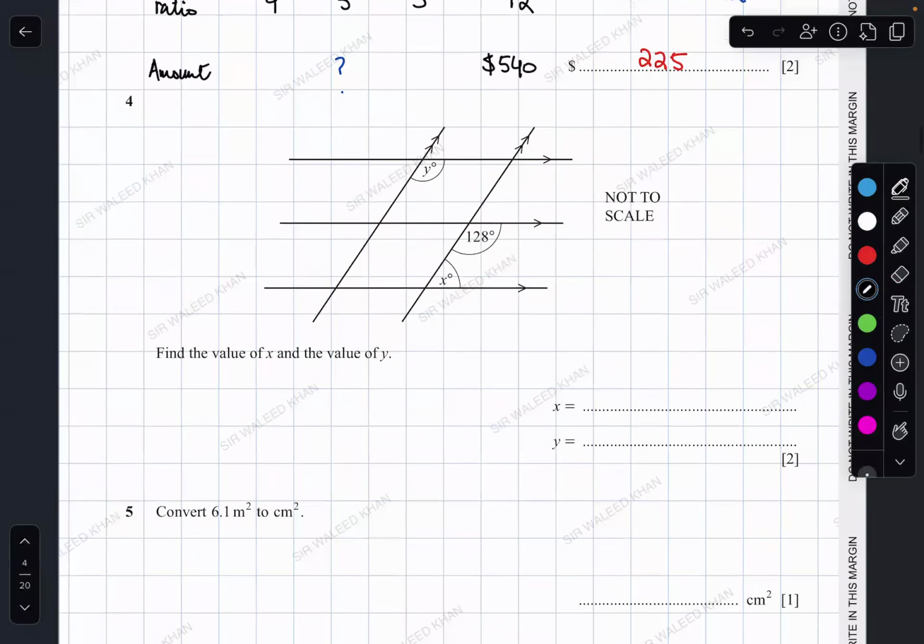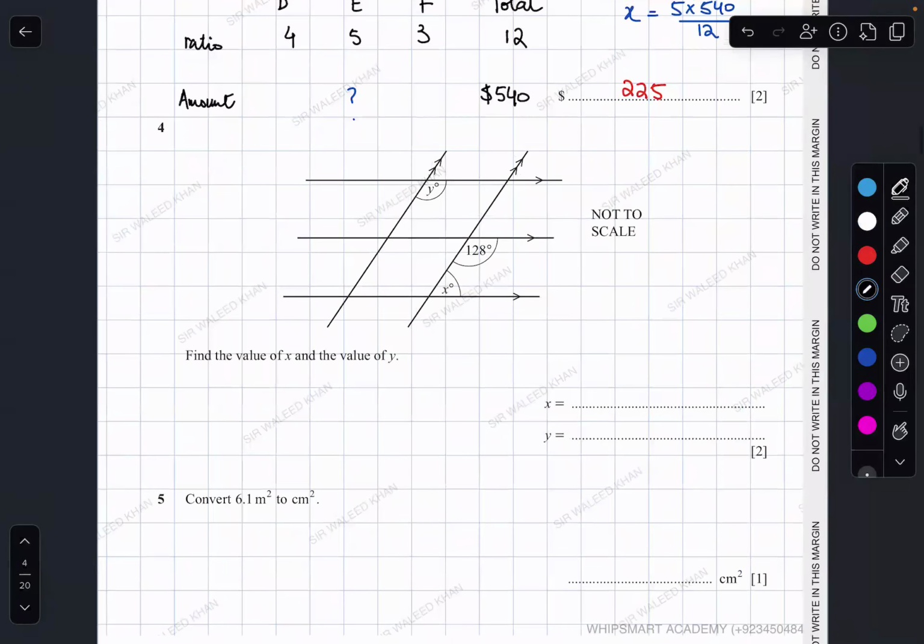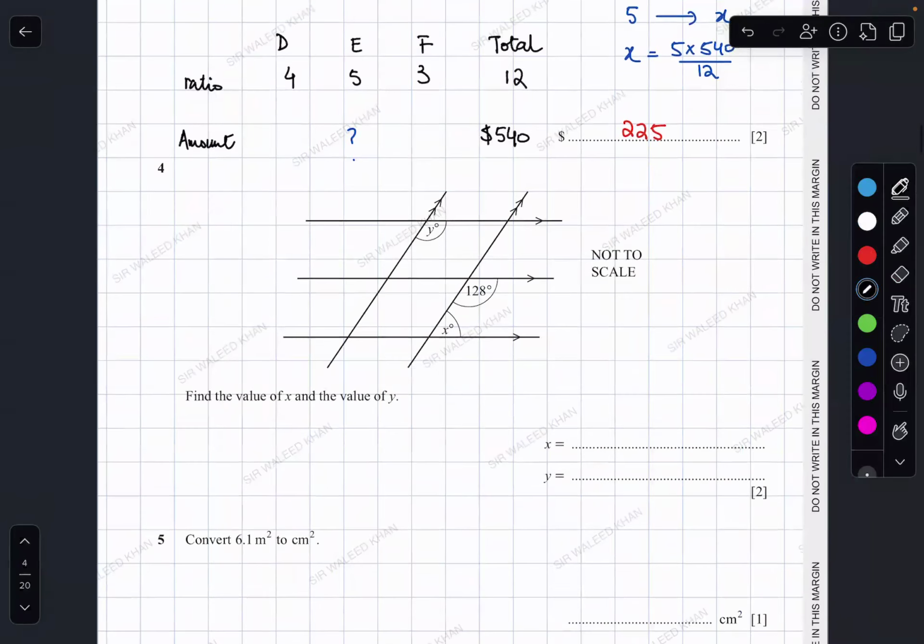I usually write some of the things just for your revision sake. The angles we have studied for transversal, this is a transversal line. A transversal is a line which crosses another 2 lines, right? It can be parallel, it can be non-parallel. But over here, we are dealing with parallel lines.